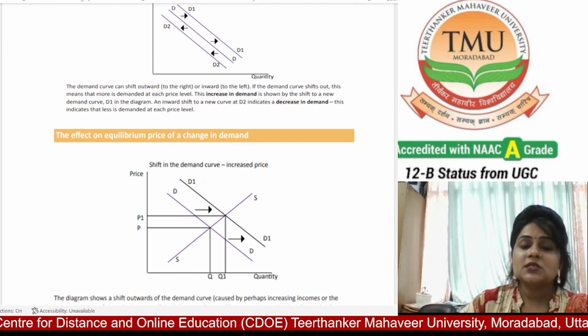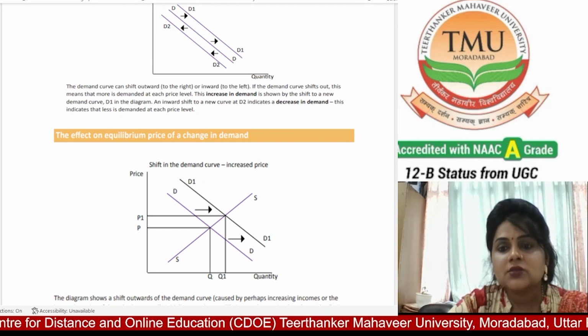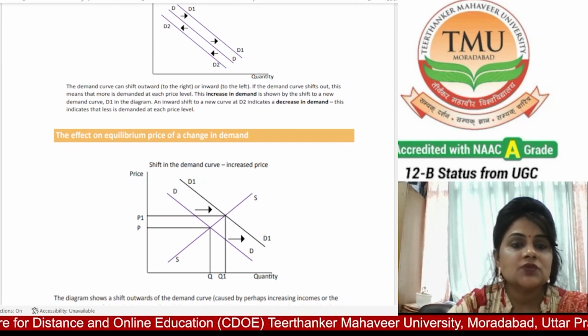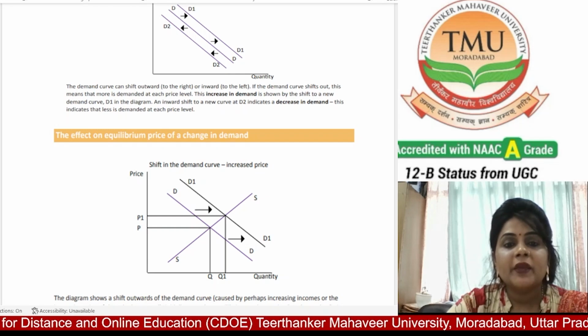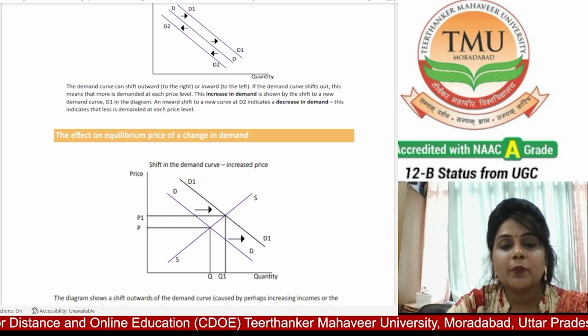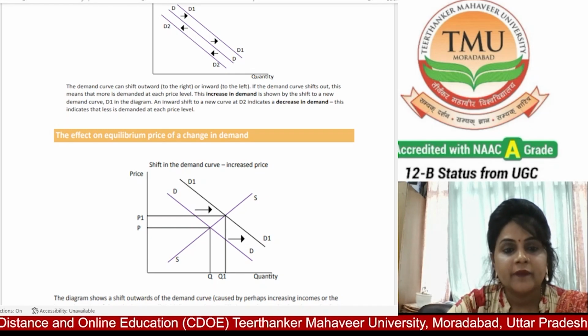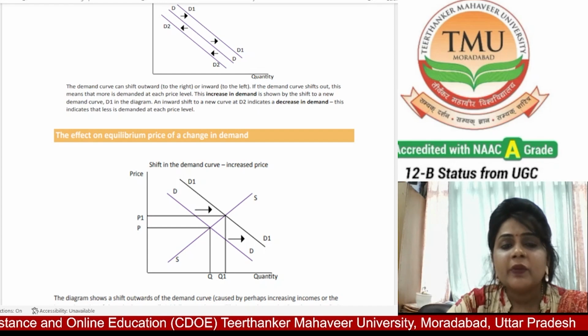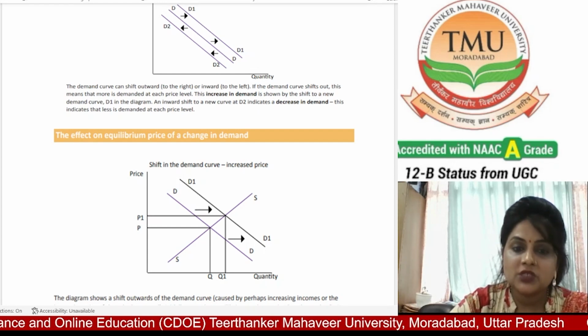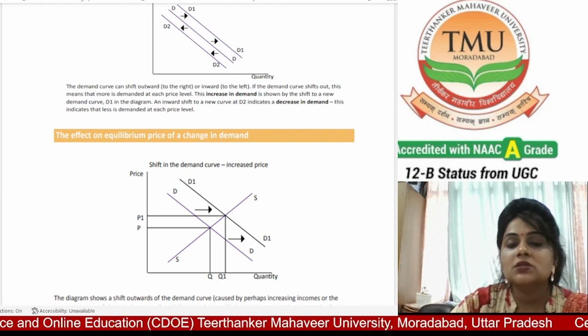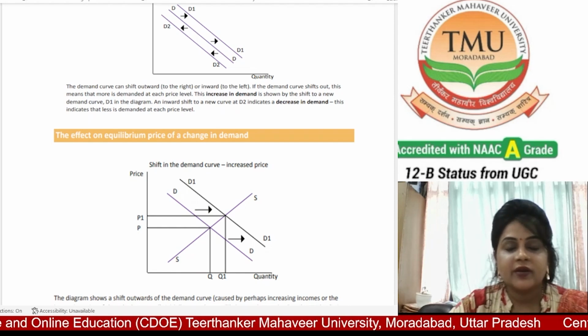There are also other factors that affect the demand curve. Successful advertising campaigns can cause the demand curve for a product to shift to the right. However, bad publicity will have the opposite effect, causing a shift to the left.